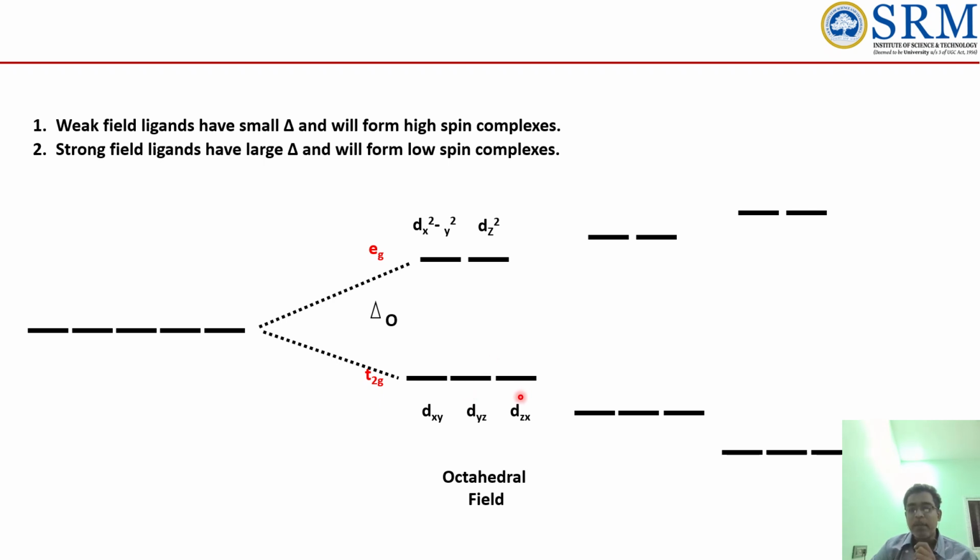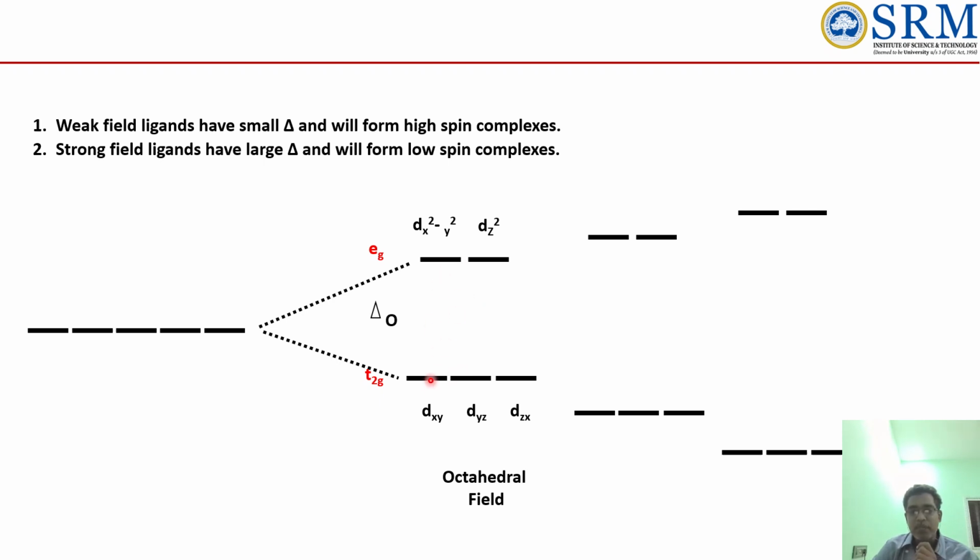The fourth electron has two options: either it pairs up in dxy, or it goes to dx square minus y square. Remember, pairing within the same orbital comes with a penalty, because of the electron-electron repulsion, which causes pairing energy destabilization. So either the electron goes down and pairs, or it goes up, which leads to destabilization. There is a trade-off between these two.